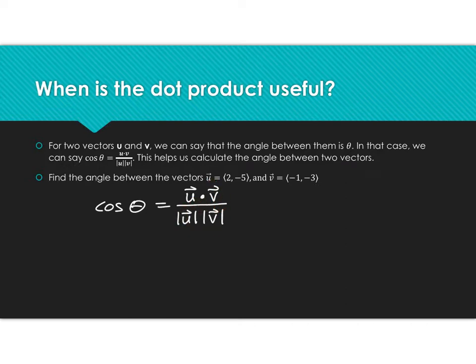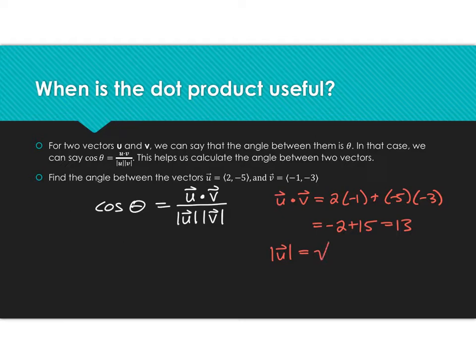So we need to find out what the dot product is, and we need to find these two pieces of information. So u dot v, using the idea of a dot product, we should get 2 times -1 plus -5 times -3. So that's -2 plus 15, so that is 13. So that's u dot v. Magnitude of u is the square root of 29. And the magnitude of v is the square root of 10.